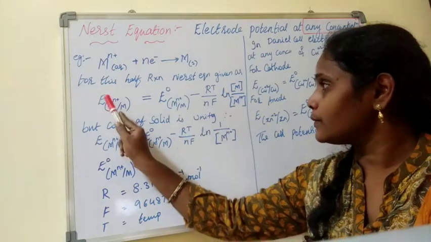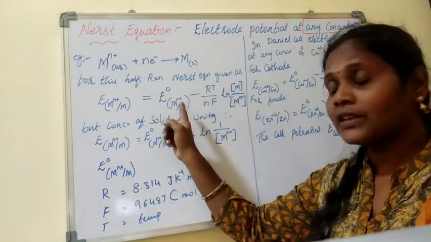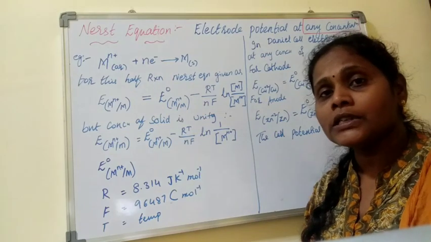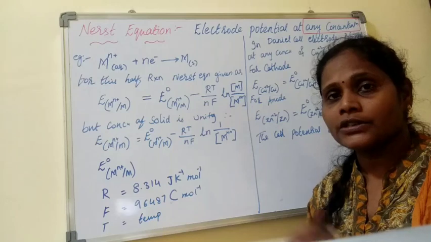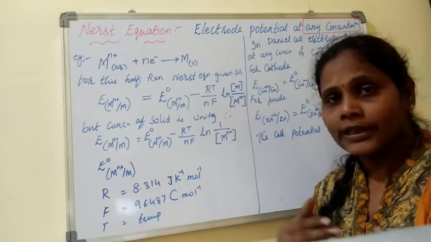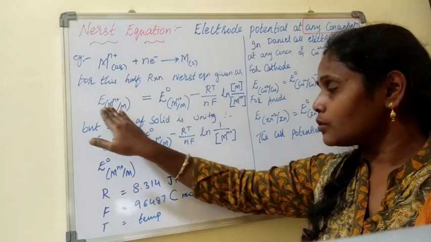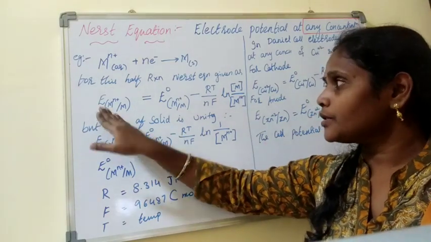So this equation we just have to remember. If you remember this equation, we can derive the rest of the cell equation, because this is for a half reaction only. Our electrochemical cell contains 2 half reactions, oxidation and reduction, I mean the anode reaction and cathode reaction. Both reduction potentials only we will take. So this is one reaction, maybe the cathode reaction you can consider.